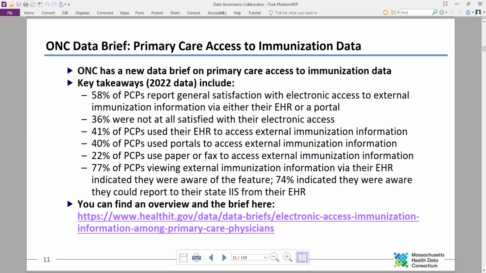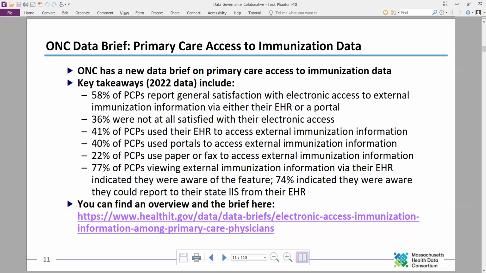One thing I thought was interesting is they seem very happy that 58% of primary care physicians report general satisfaction with their electronic access to immunization records via either EHR or portal. I think that's kind of low personally. In fact, if you look down below the lead, 36% of them were not at all satisfied with it. So to me, that's the place that screams out, we can and should do better.